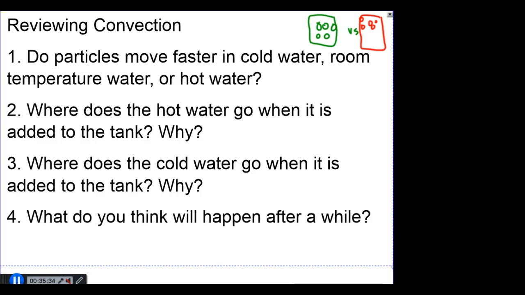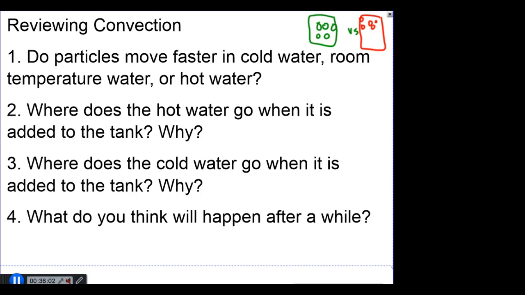So we'll let this sit. Just take a look at it every once in a while and see what it's doing. If we were to check this at the end of RTI, what do you predict this tank will look like?